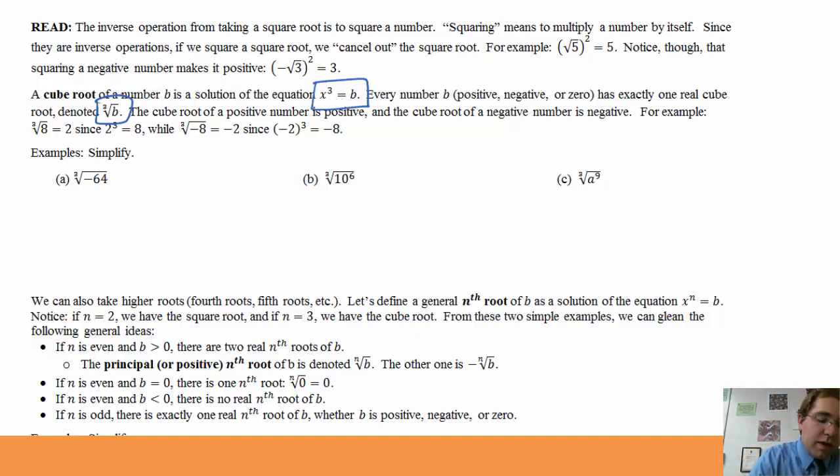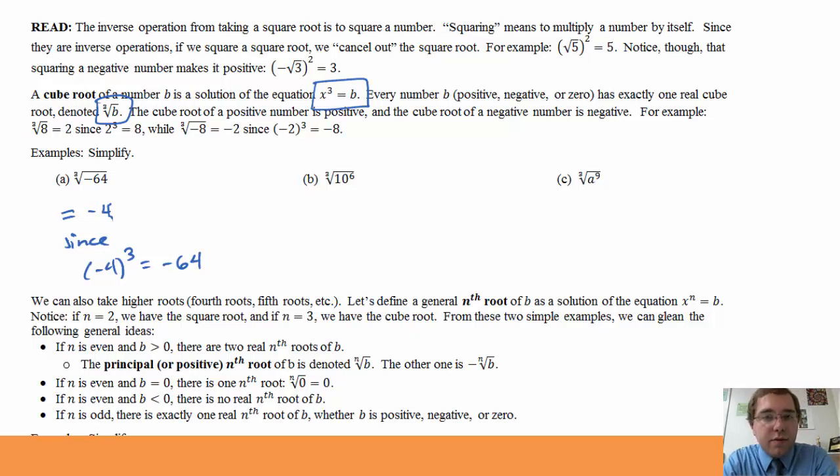So the cube root of negative 64 is going to be the number that I multiply by itself 3 times to get negative 64. Well, that's going to be negative 4, since negative 4 cubed equals negative 64. It would be negative 4 times negative 4, which is positive 16, times another negative 4, which is negative 64.